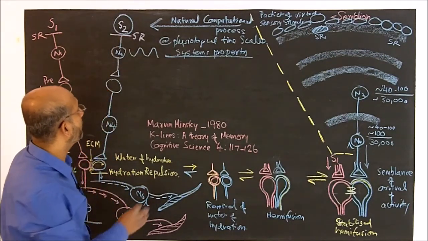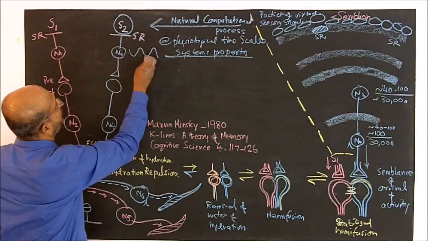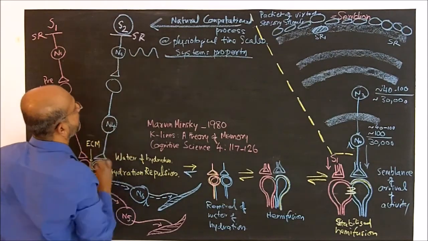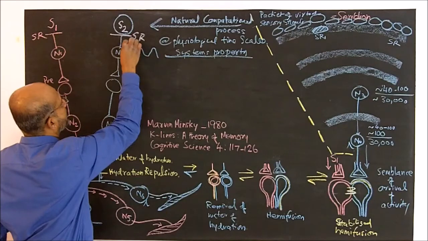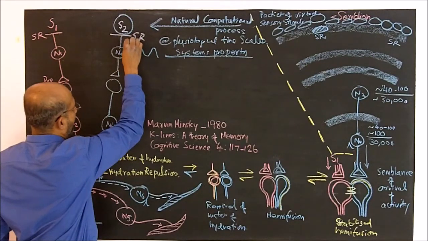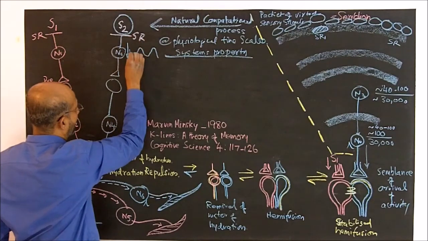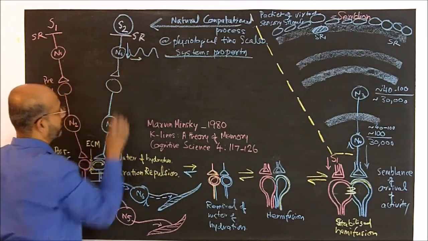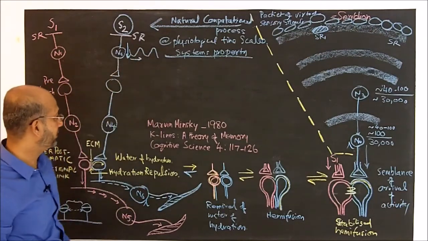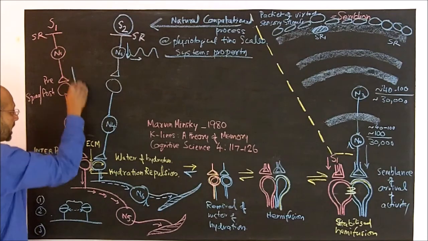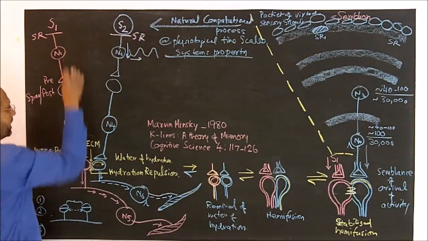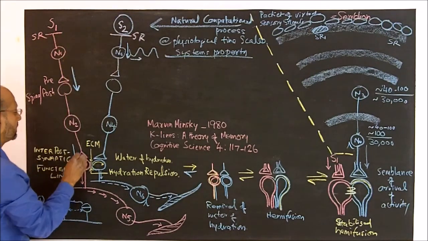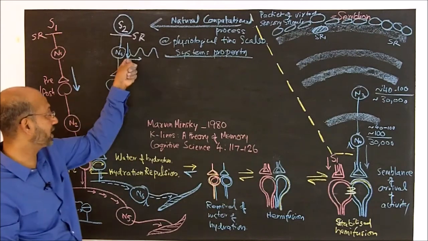Now, what is so specific about this oscillating frequency? This oscillating frequency has components both vertical as well as horizontal. That's how we get oscillations. And we know that synaptic transmission can give rise to one vector component of the oscillation.